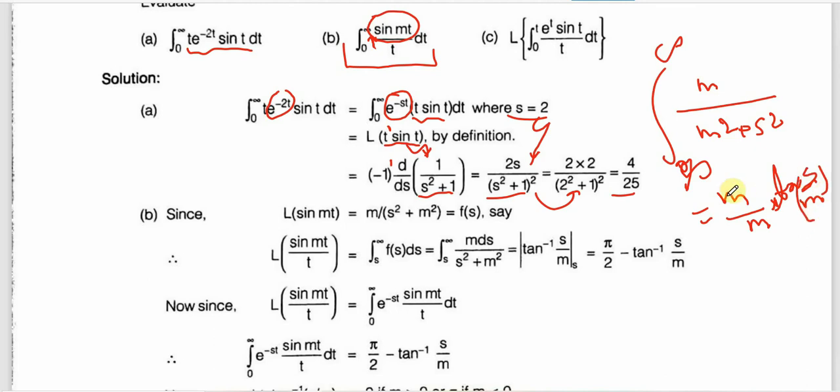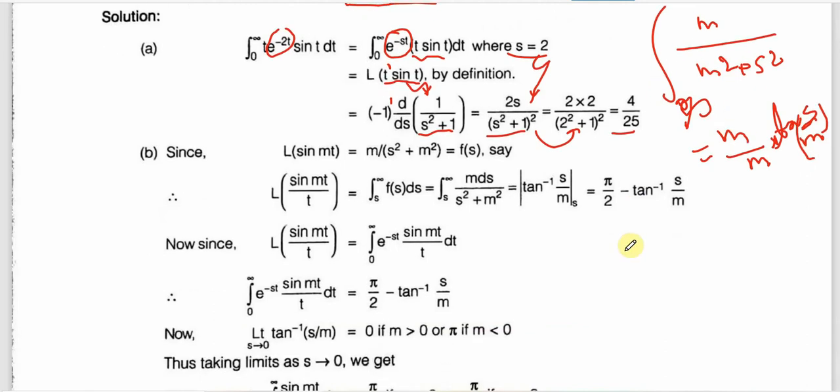Put s as infinity, and you will get pi by 2 minus tan inverse of s by m. So this is the Laplace of sin mt by t. Now we have to put s equal to 0.